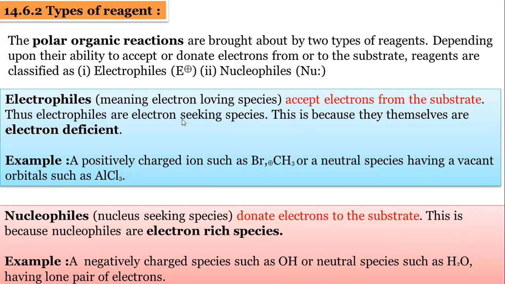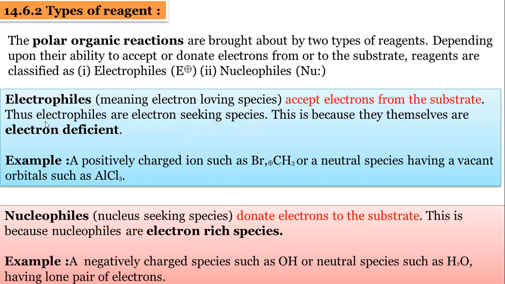Yesterday we discussed these types of reagents, electrophiles and nucleophiles. Electrophiles are positively charged, meaning these are electron-loving species. They accept electrons from the substrate.